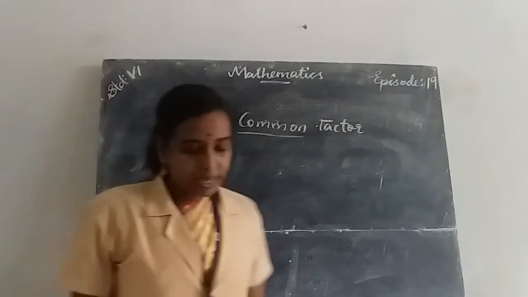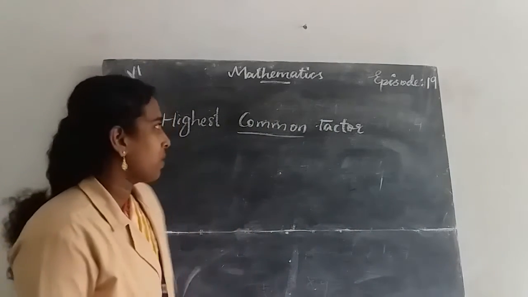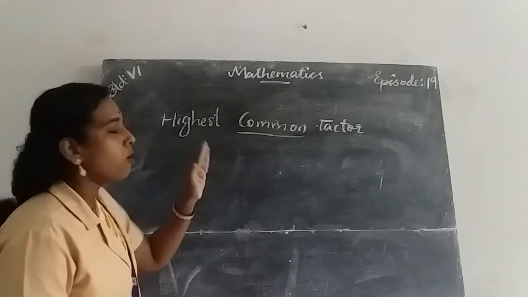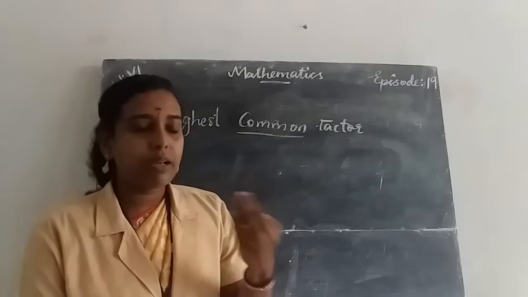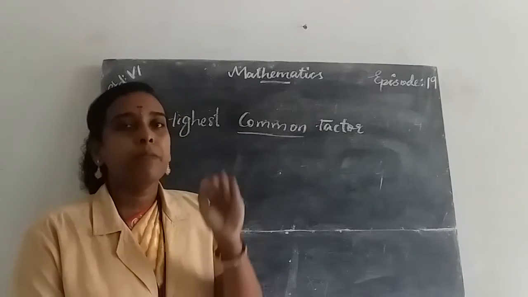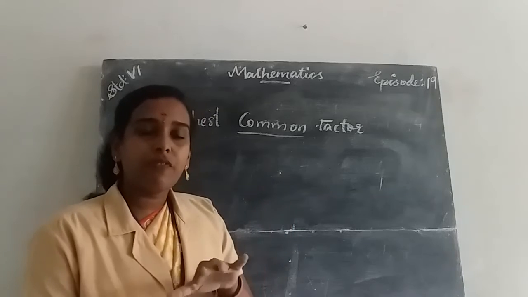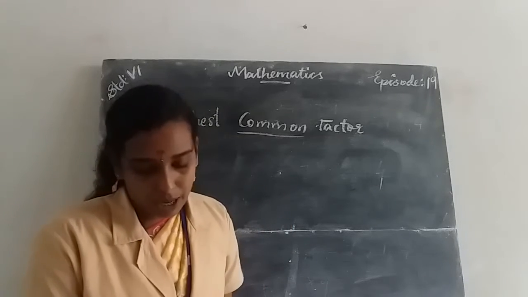So the next topic is highest common factor. For finding the highest common factor from given numbers, first we find the factors separately. Then we find the common factors. From that we find the highest common factor.